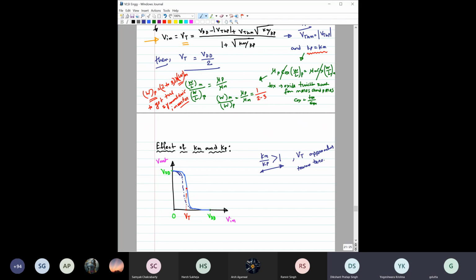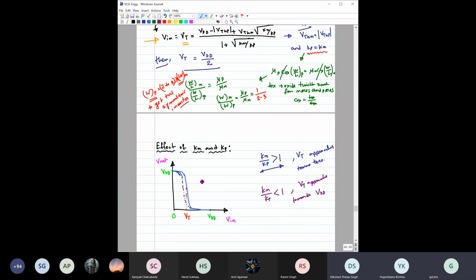As your friend explained, you can also explain it from this equation. Similarly, on the other way, if you make Kp by Kn less than 1, then Vt approaches towards VDD.